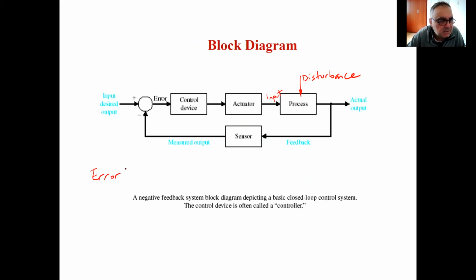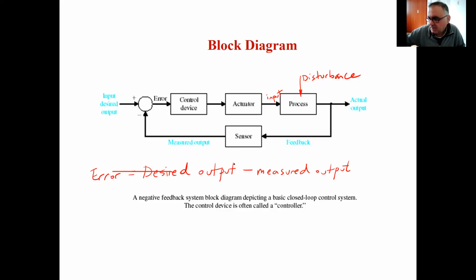Error, which is this thing, is equal to desired output minus the measured output. So we have to subtract the measured output from the desired output so that, for example, think about it.